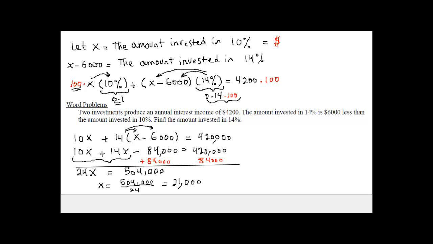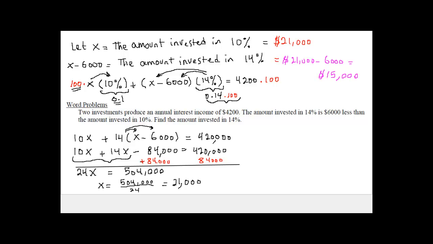So we have 21,000 would be the amount invested in the 10% account, and then to find out how much invested into the other account, 14%, we will subtract 6,000 from that. So what do we get when we do this? $15,000. Right, that would be 15,000.